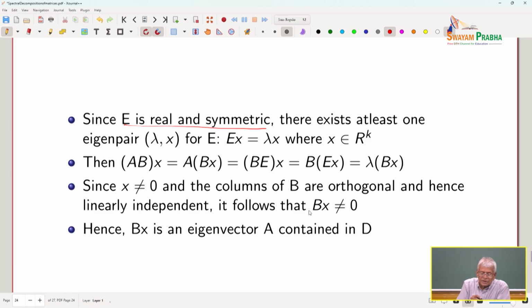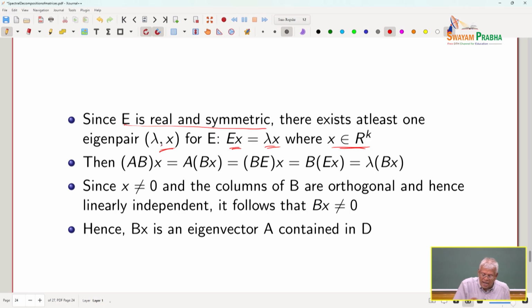So that means there exists a real symmetric matrix E such that E x must be equal to lambda x, where x belongs to Rk. So we proved that E is real and symmetric. Real and symmetric matrices have eigenpairs.